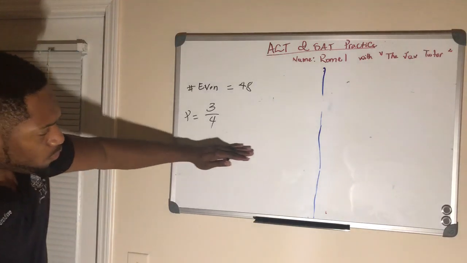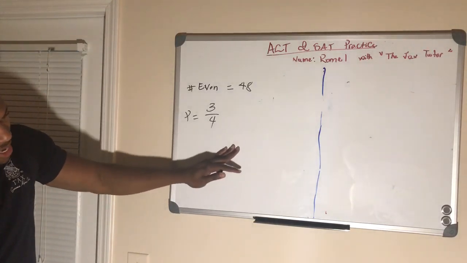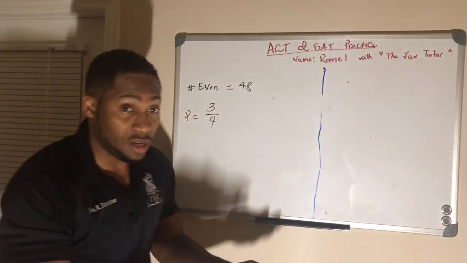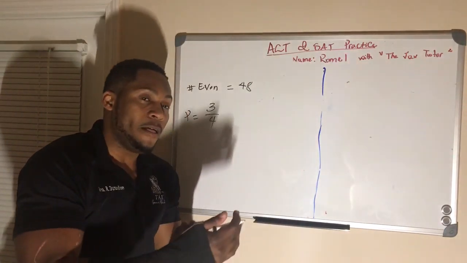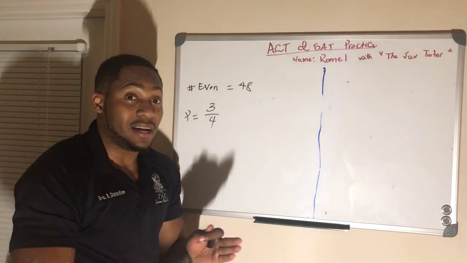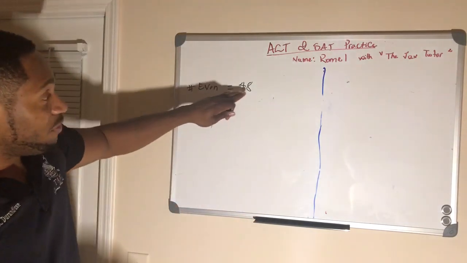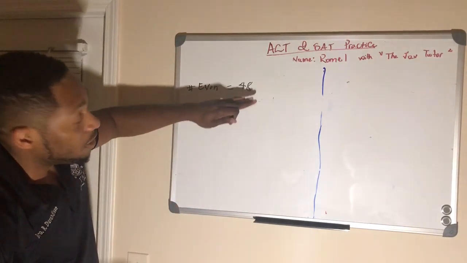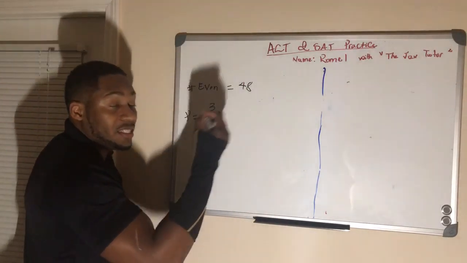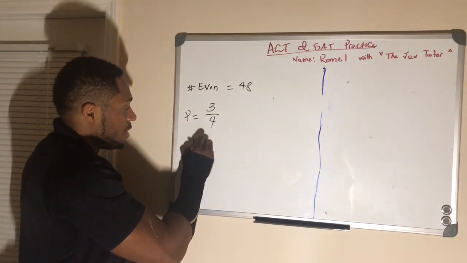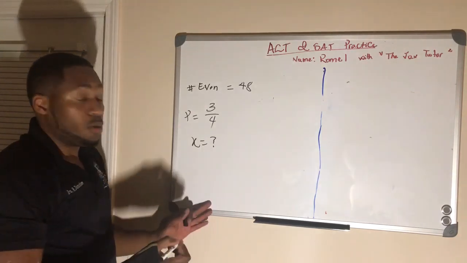So think about what it says here: the portion of dominoes that are in the pile. The portion of even numbers in the pile compared to the total is 3/4. So let's say we call the total X. This is what we're looking for.